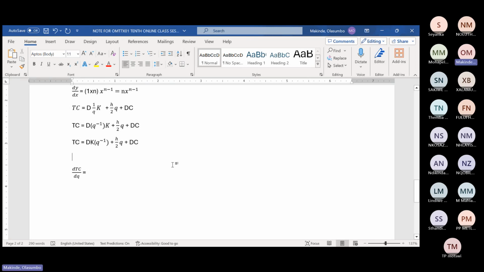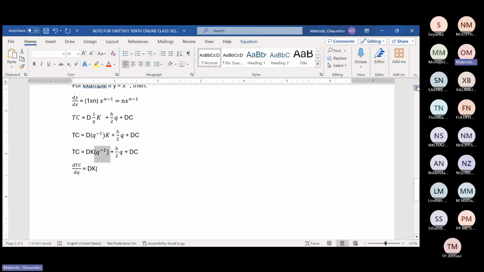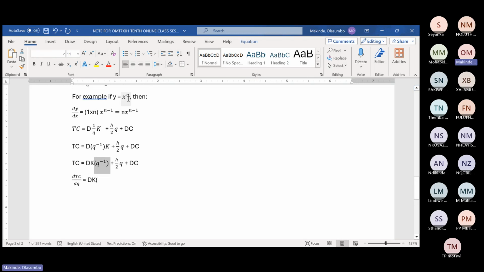So when I differentiate, I'm differentiating with respect to Q. This DK you bring down; when you differentiate, it's more like a constant. I'm differentiating with respect to Q, applying the law that I've shown you: when you differentiate x raised to power n, you follow the principle to the letter.